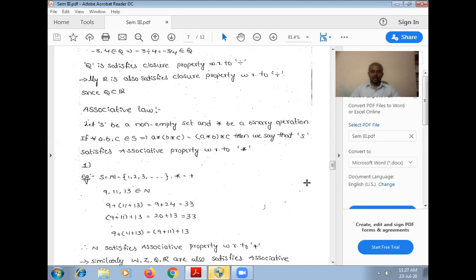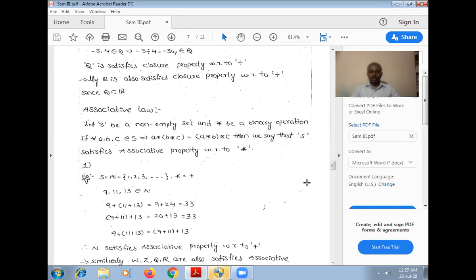For example, I am giving an example. Let S equal the natural number set, so S equals N equals 1, 2, 3 and so on. Now I am taking the binary operation star equal to plus.